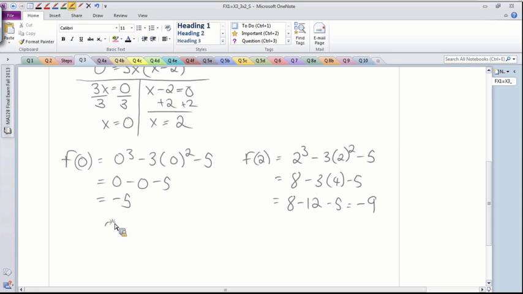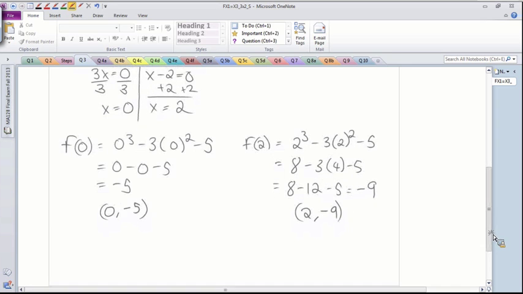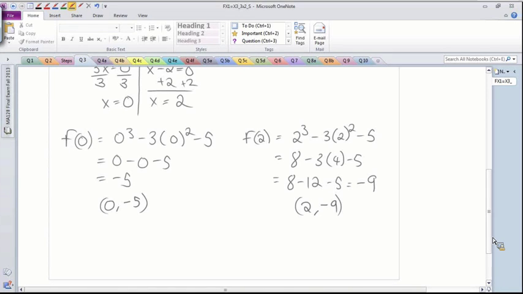So we have (0, -5) as the point where the horizontal tangent lines occur, and also (2, -9). Any questions at this point?